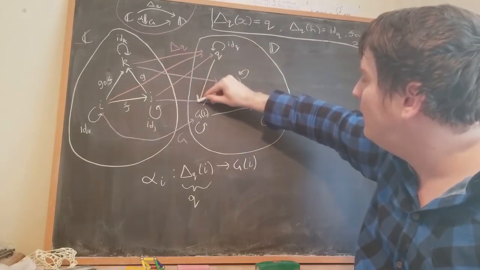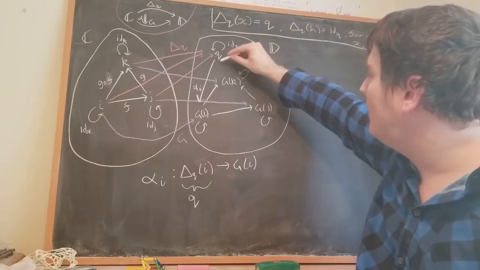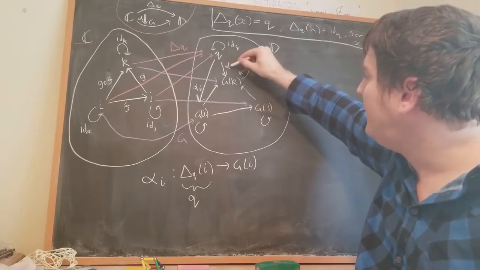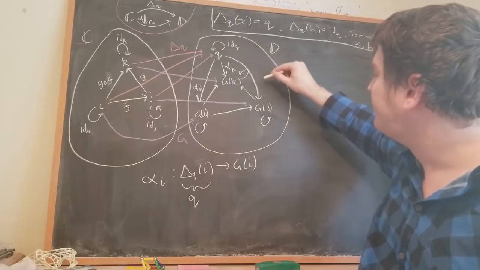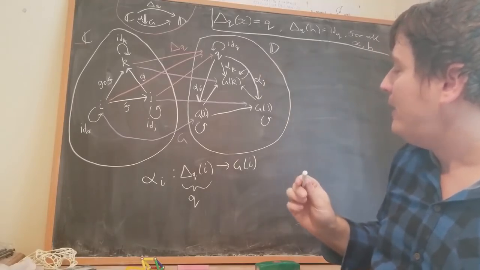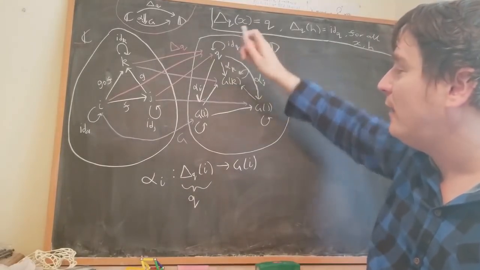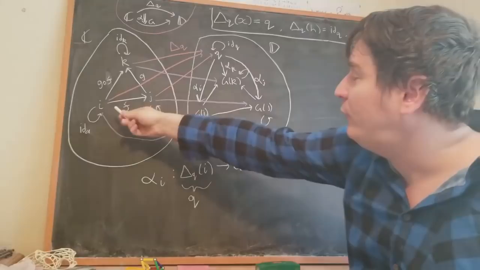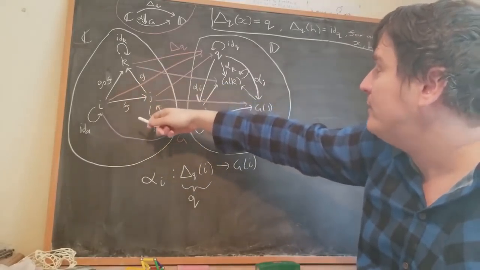So that'll be alpha I, that'll be alpha K, and that'll be alpha J. Now, what's the other condition we need for this to be a natural transformation? Well, we need to have commuting squares for every arrow in our source category.